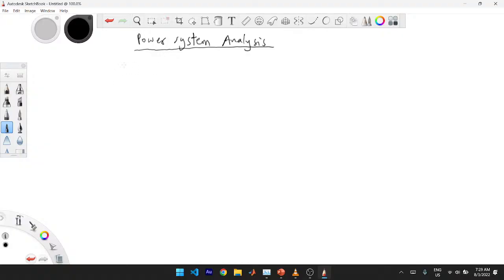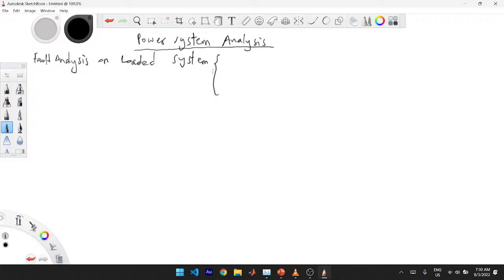You're looking at how to solve loaded systems, how to find the fault current, or let me say fault analysis on loaded systems.